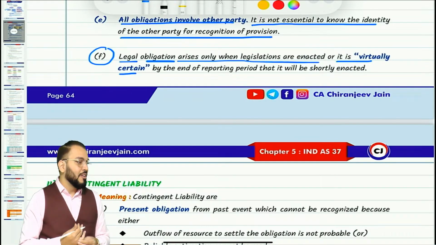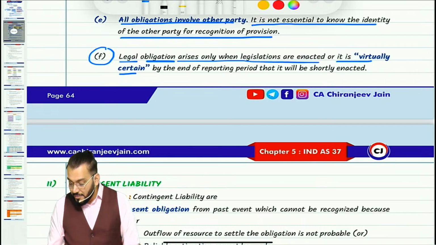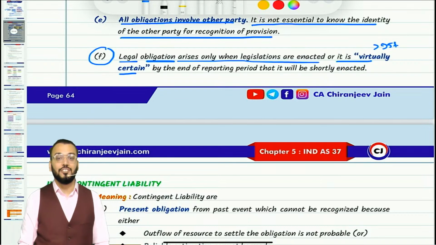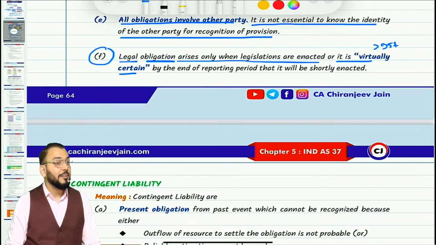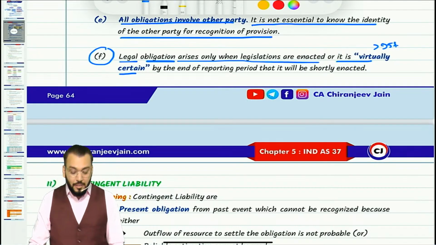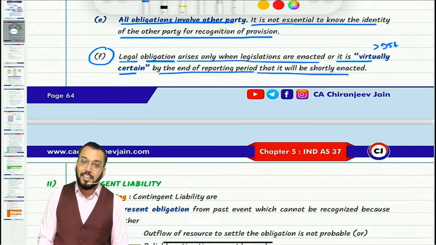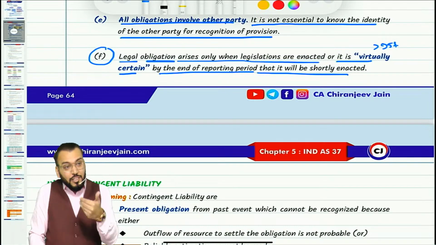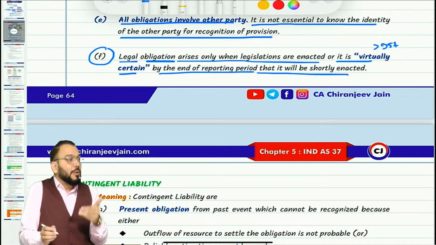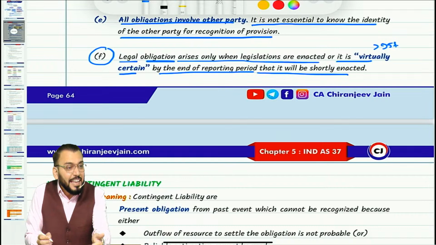Virtually certain means chances are more than 95%. Or it is virtually certain by the end of the reporting period that it will be shortly enacted.